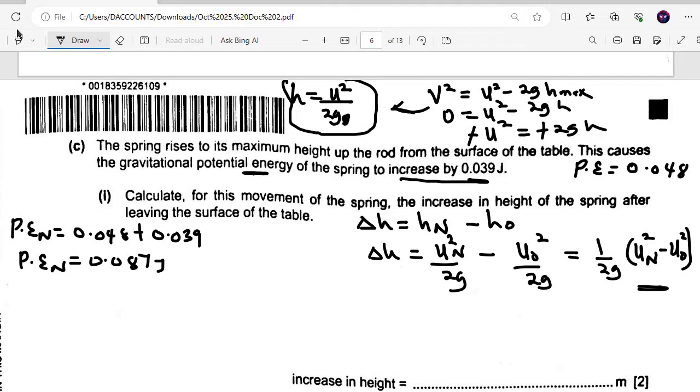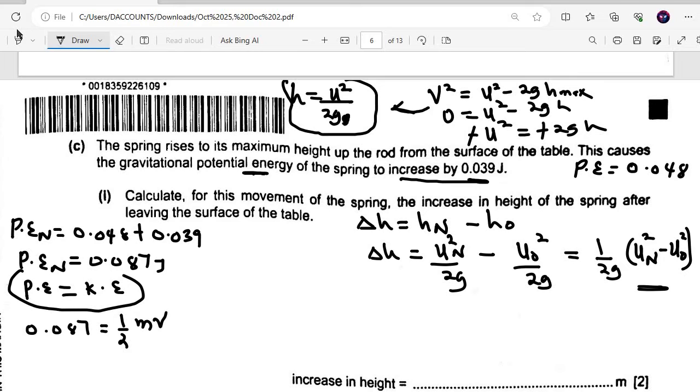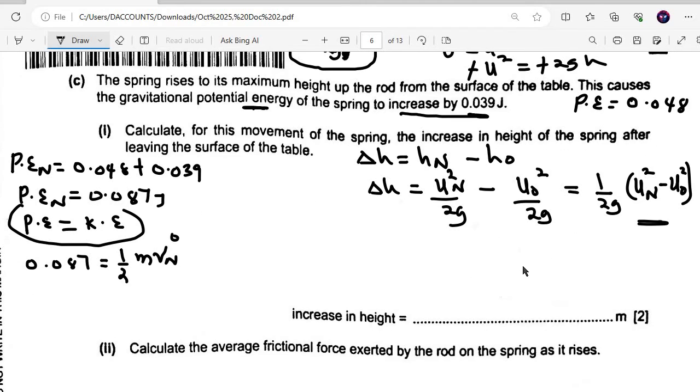Now, since we have our new potential energy, and the question said potential energy equals kinetic energy, that's the condition in the question. So 0.087 will be equal to half m v new squared. Let me use u so it won't confuse us: half m u new squared.